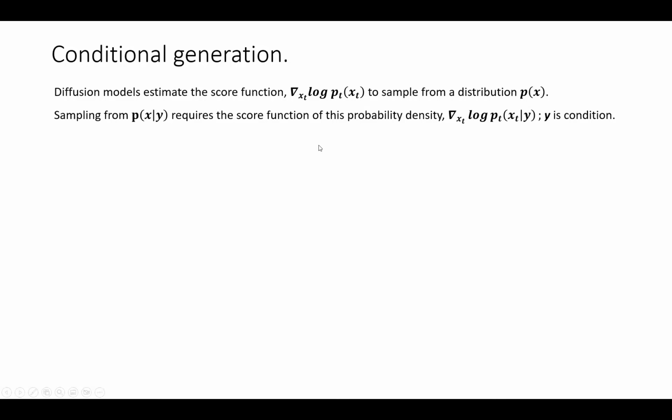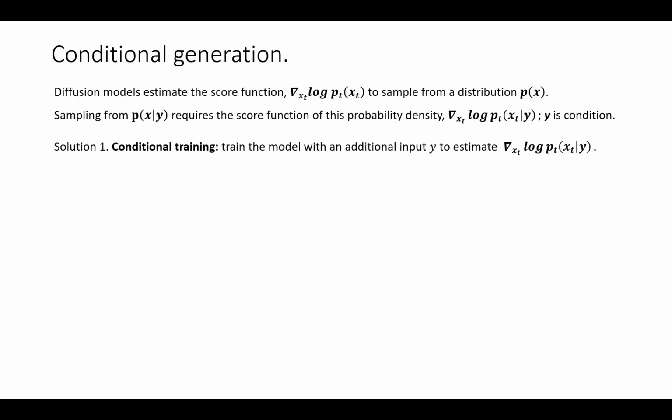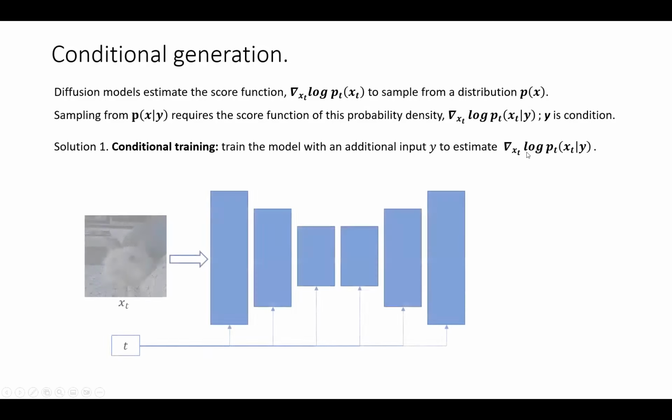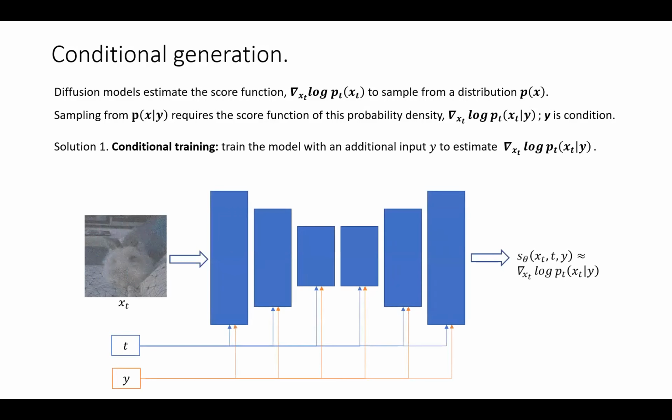So solution one will be that we train the model with an additional input y to estimate this. It will be like this. We will have the same U-Net, where at the time we input xt and t, we also input y, the condition.